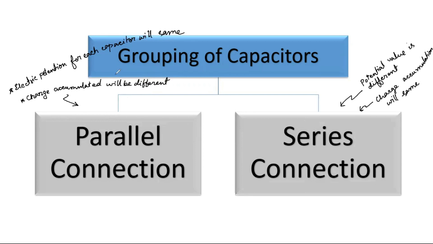So considering these two conditions, we'll be finding out the net expression of capacitance when you connect the capacitors in different ways, either in parallel or in series. So first of all, we'll be connecting our capacitors in parallel connection.